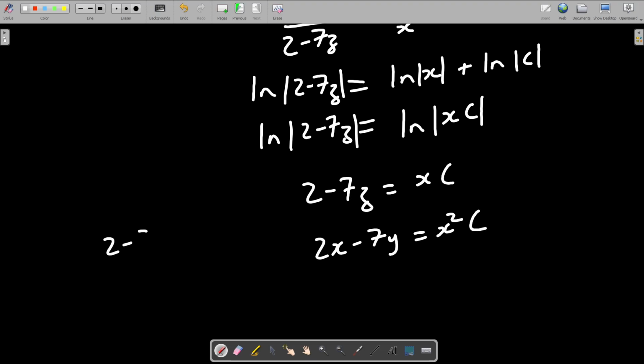I'll show the step. 2 minus 7z will become 2 minus 7y by x. So I'll write it as 2x minus 7y by x, and then this x I'll take on top, which will give me the x square value.